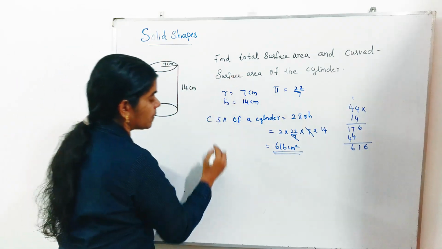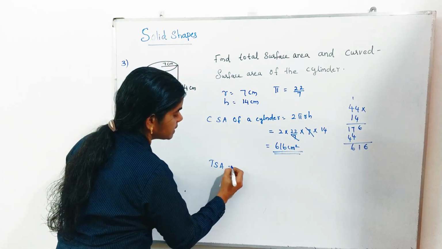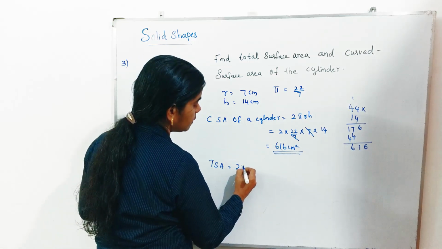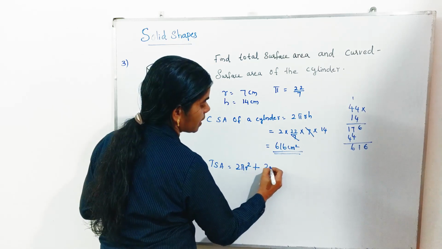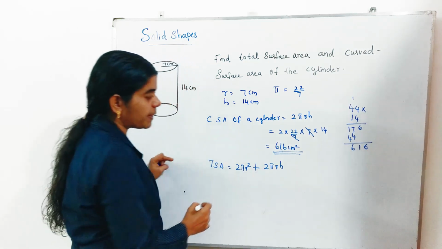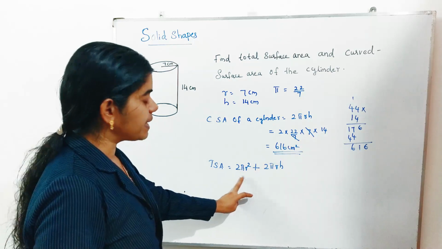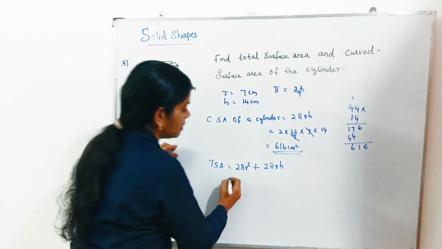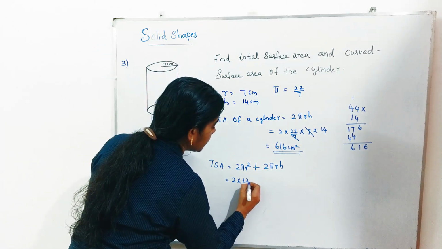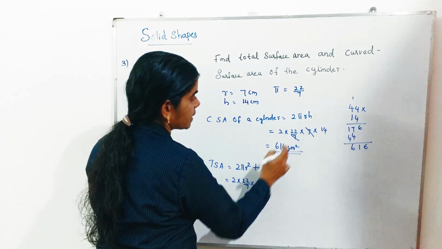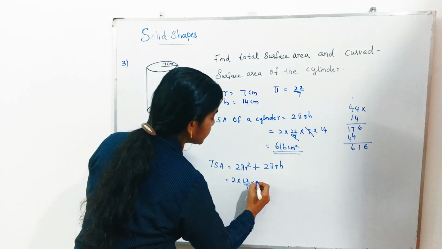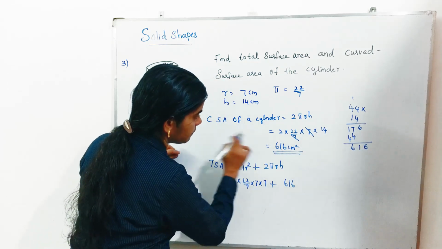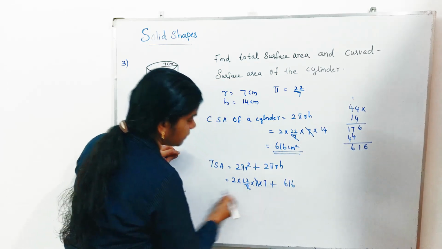Next we want to find out the total surface area. Total surface area is 2 pi r square plus 2 pi r h. 2 pi r h we already found out. Then 2 pi r square separately we can find and add with that. Then 2 into 22 by 7 into r square means 7 into 7, plus 616. Then this 7 and 7 we can cut.